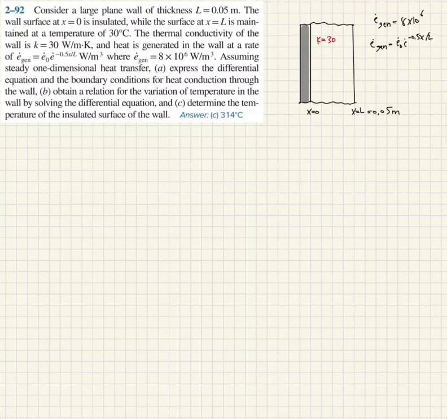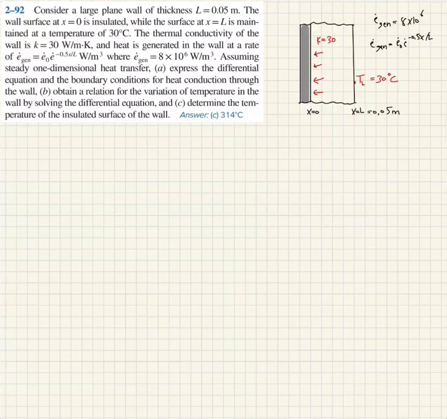And again, just like the previous problem, we know that if heat is being generated inside this wall and no heat can escape on the insulated side, the heat flux is 0 on the left side. On the right side, they're saying that the surface is maintained at temperature, so T equals 30 degrees Celsius. So this is TL, which is maintained at 30 degrees Celsius.